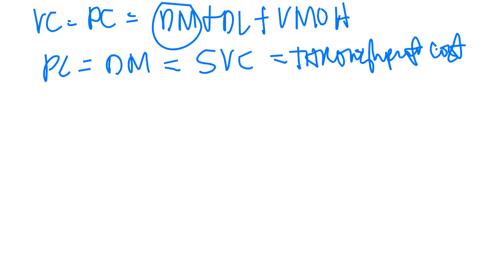So, meron tayong 10,000 na ending inventory. So, that will be 40,000 units. I-multiply ko by the selling price, which is 50. So, that's 40,000 times 50. So, this is 2 million.